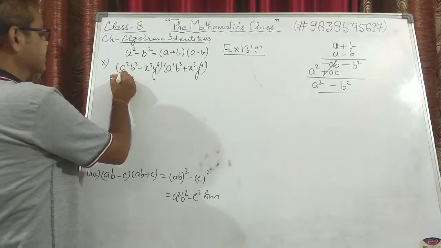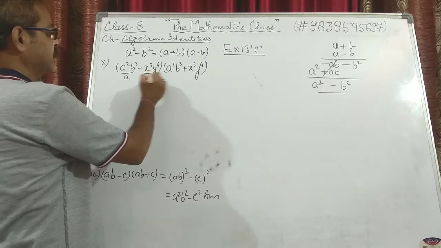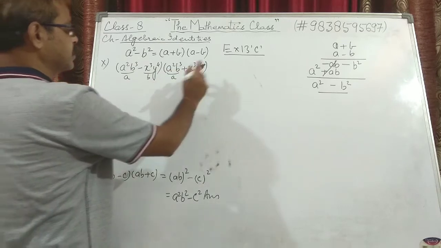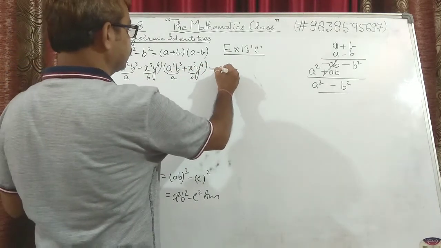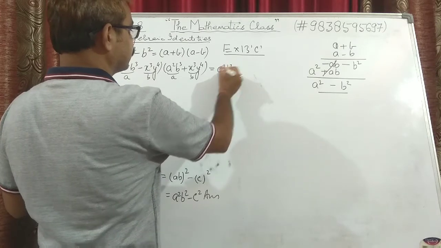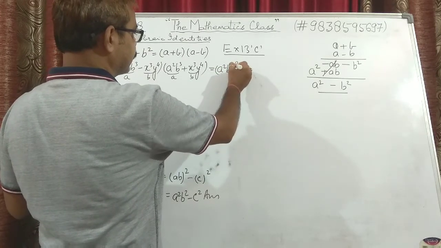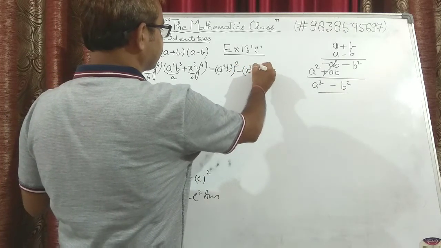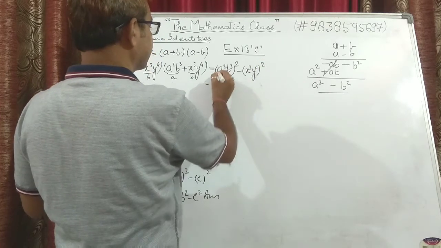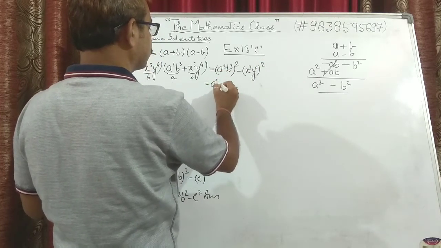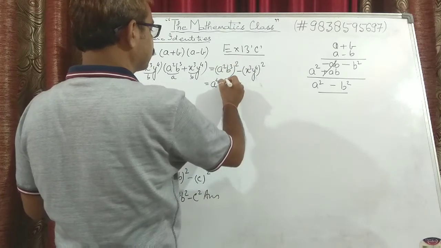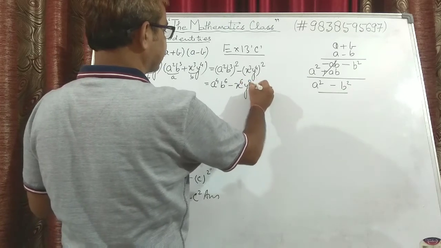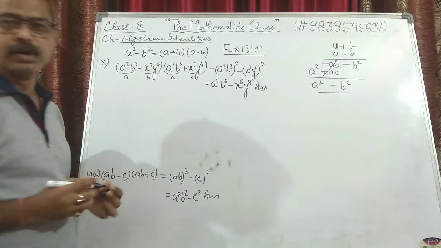Find the value. This will be considered as a, this again b, again it is a and b. So a minus b into a plus b, that is a square. That will be a square b cube. This total is a, so its square. A square minus b, which is x cube and y to the power 4, its square. So it will become a square, squared is a to the power 4, b to the power 3 squared is b to the power 6, minus similarly x to the power 6, y to the power 8. That is the final value.